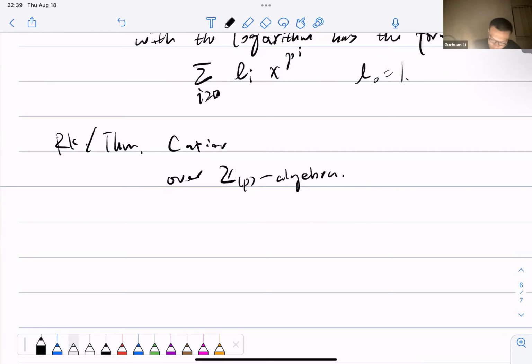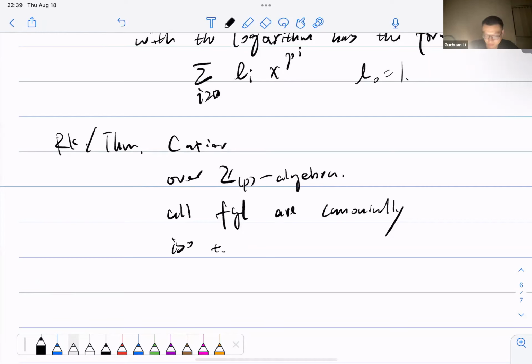All formal group laws are canonically isomorphic to a p-typical one. Somewhere you may see the strict isomorphism, which means the formal power series starts with exactly x.